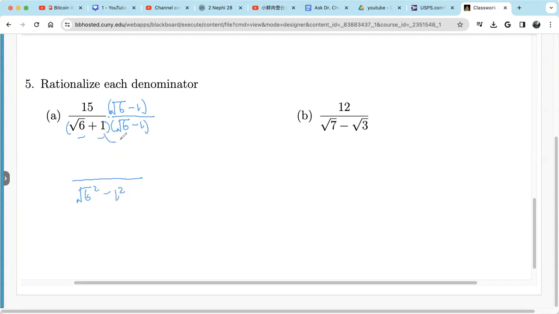Because the two middle terms cancel, you see, multiplying these two positive square root 6 and these two negative square root 6, so that has to be 0. And the numerator we just have 15 times square root of 6 minus 1. The denominator, square root of 6 squared is 6, and 1 squared is 1. So we get 6 minus 1 in the denominator.